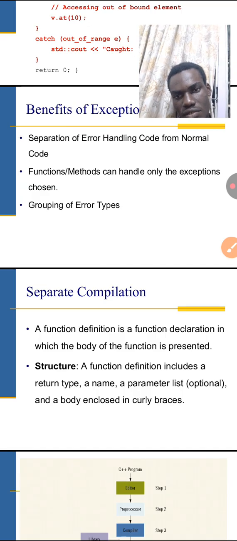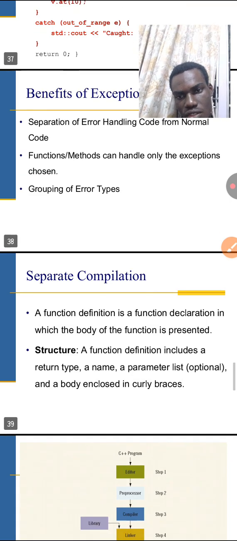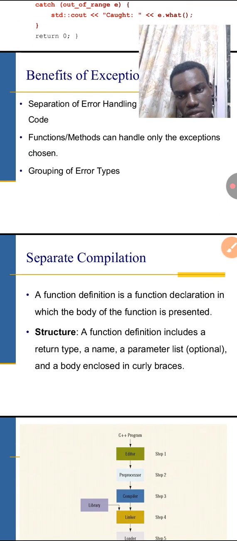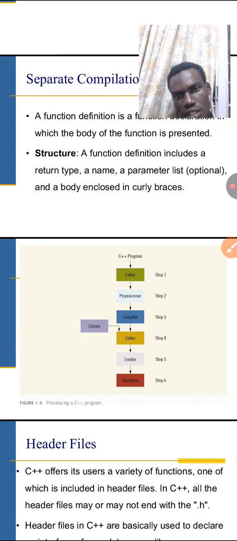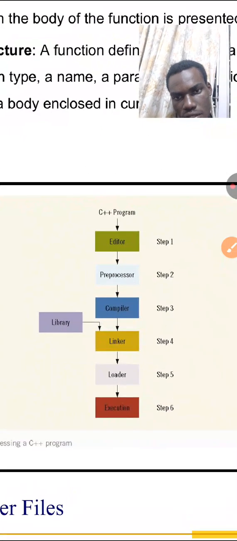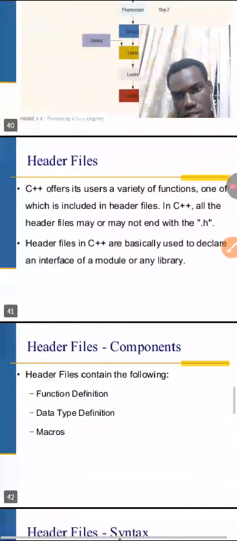A function definition is a function declaration in which the body of the function is presented. So here the structure: the function definition includes a return type, a name, a parameter list, and a body enclosed in curly braces. These are the steps, as you can see.